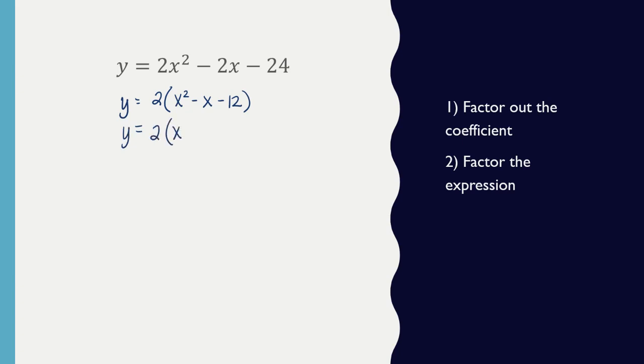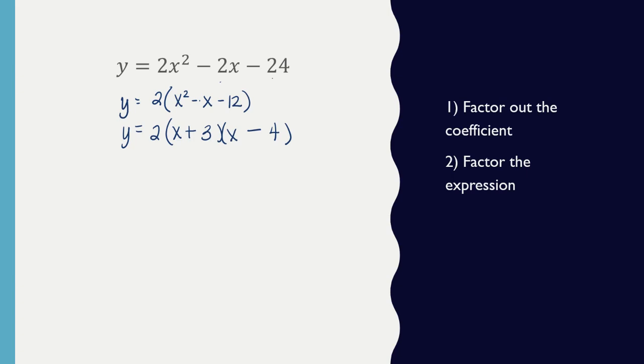So we're going to figure out what multiplies to make 12, and subtracts to make -1. Well, 3 times 4 makes 12, and if we take 3 minus 4, we get -1. So notice this one is a little bit different in that we have that number out front. That's our A. A is not 1 this time. So we just factor that 2 out of all of the terms, leaving us with 2 divided by 2 is 1, 24 divided by 2 is 12, and then we factored like normal.